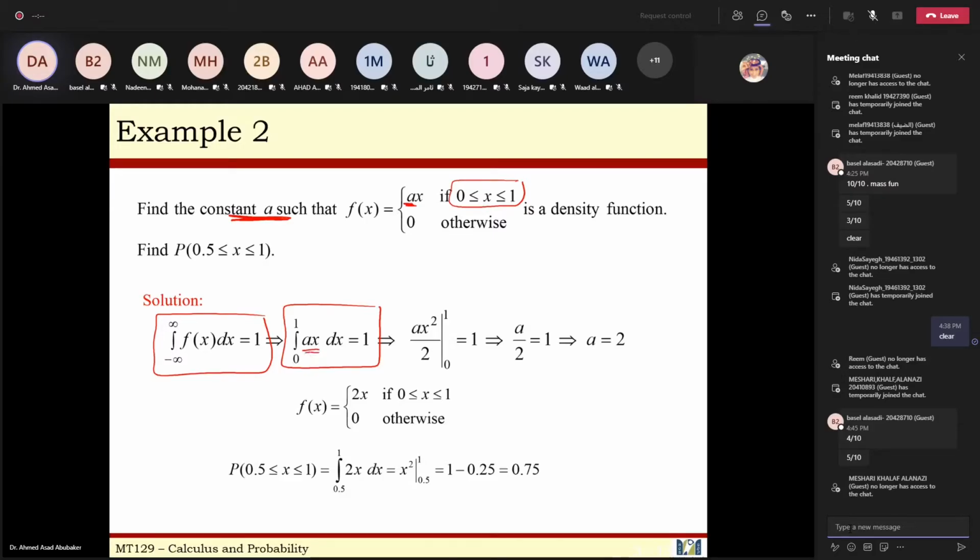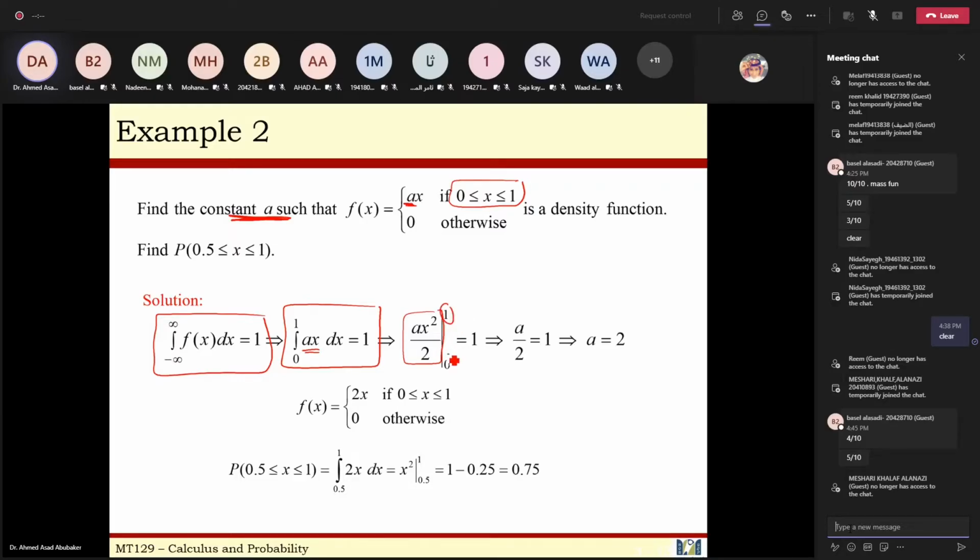The integral of ax, this is ax squared over 2, because we add 1 to the power and divide by 2. Okay, we have x to the power 1, add 1, we have 2, x to the power 2, and it must be divided by 2.